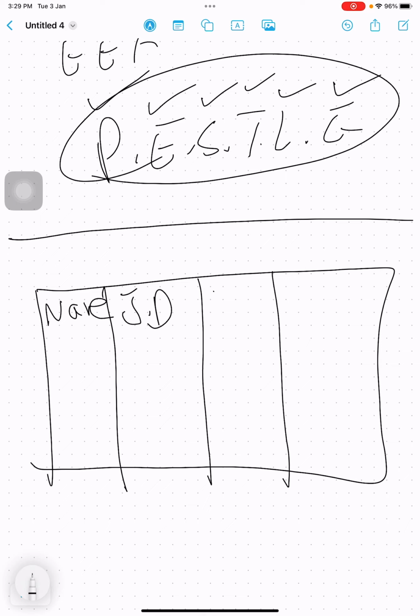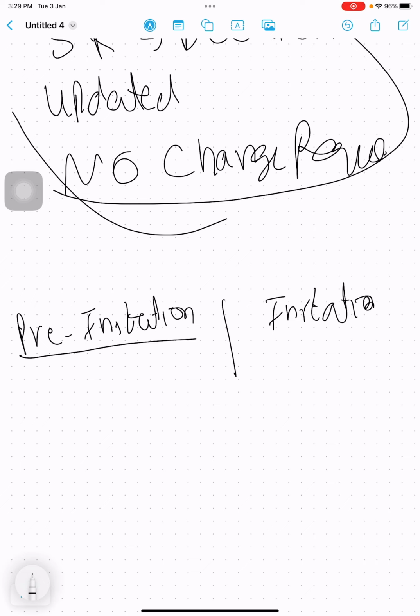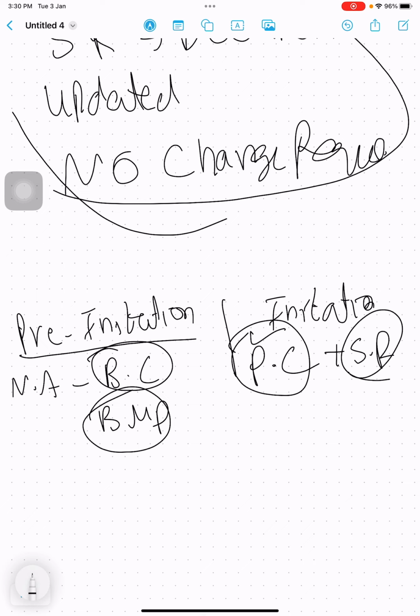If we see what we have discussed so far, in pre-initiation we had need assessment, business case, benefit management plan. Initiation is project charter and stakeholder register. These three documents cannot be updated, and this document is updated throughout the project. It does not need a change request.